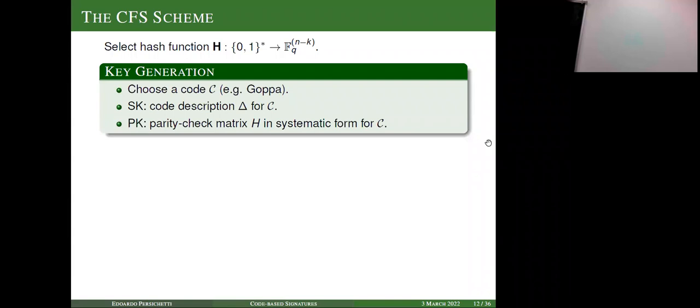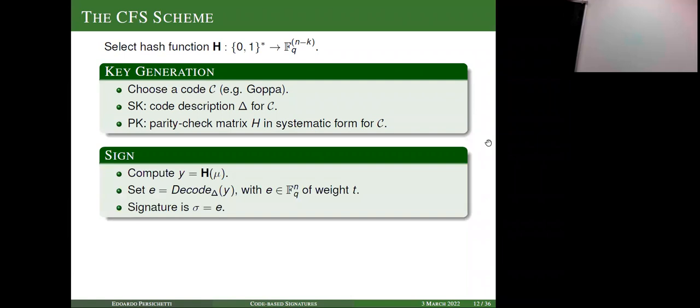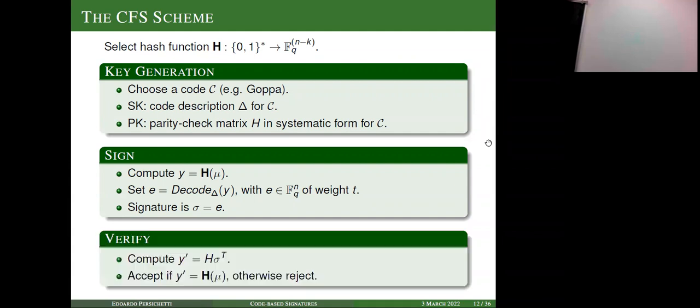For example, I can just take the systematic form for it. And then to sign, I will just apply the hash function and then apply my trapdoor, which is the decoding algorithm. So you see, hash the message, apply the trapdoor, bang, that's a signature. And so my signature is just going to be this low weight error vector, right? And then to verify, I just take the signature, compute the syndrome, and verify that it is equal to the hash.